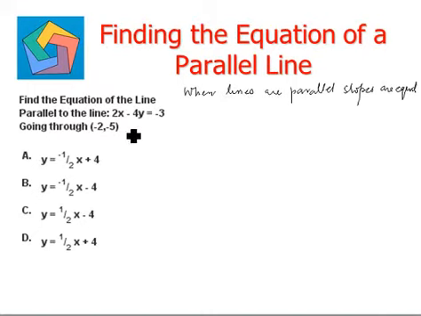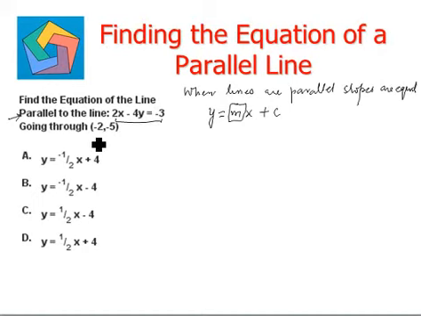Now we are given a line equation, that is 2x minus 4y equals negative 3. First we convert this equation into the slope intercept form, y equals mx plus c. Whatever is the slope of the given equation will be the slope of the line which is parallel to it, because when lines are parallel, slopes are equal.